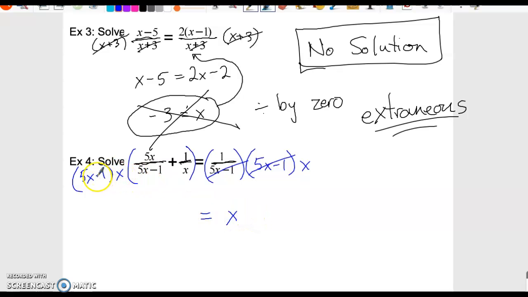And on the left side, as you distribute the 5x minus 1 in, and the x in, 5x minus 1 cancels, but you still have an x times 5x. So that's 5x squared. And then the next one, these pieces cancel, so you're left with 5x minus 1, subtract an x over. Let me scroll down a little bit.